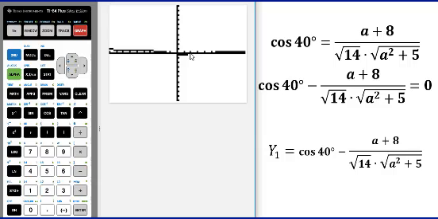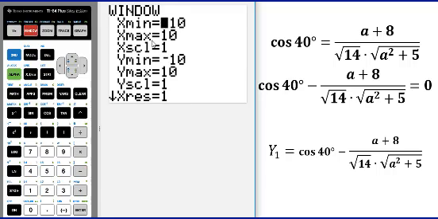This graph is not that clear, so I go to window. You can change the window. I don't change this x. Let's go to y. For the y part, we do the -5, and this one is a 5.